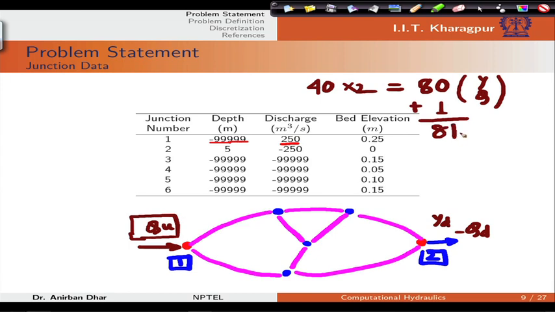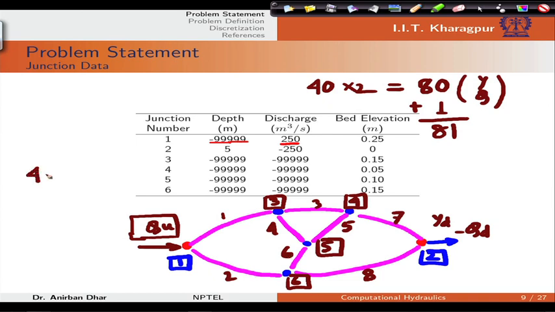Now, for channel 1, channel 2, 3, 4, 5 and 6, with nodes 3, 4, 5 and 6, we will have 4 as the number of segments per channel reach, 4 into 2 for one continuity and one momentum, into 8.